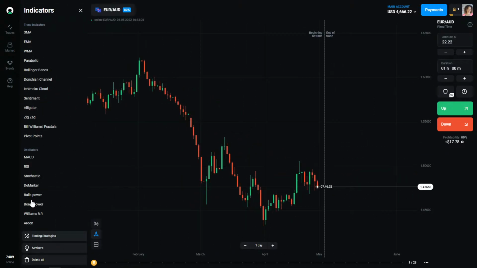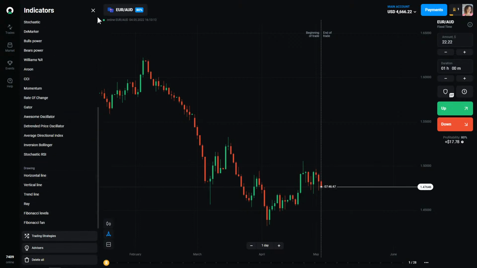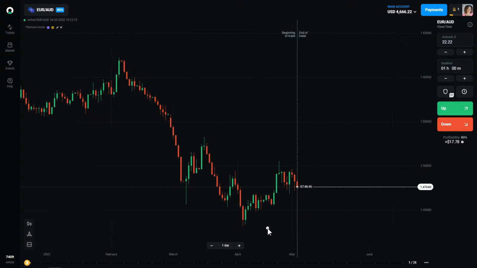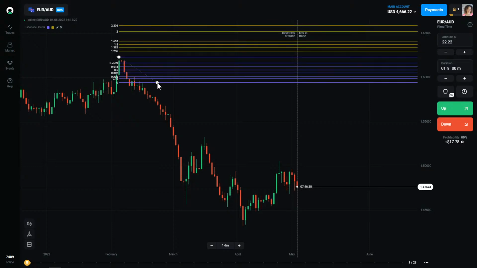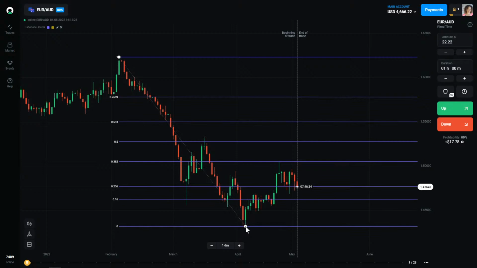Alrighty, so back to the Fibonacci indicator. So here we go again. If we are looking at a downtrend that started correcting to the upside, so we have a retracement, you would simply connect the first peak of where the downtrend started and extend it to the downside where the price started reversing.